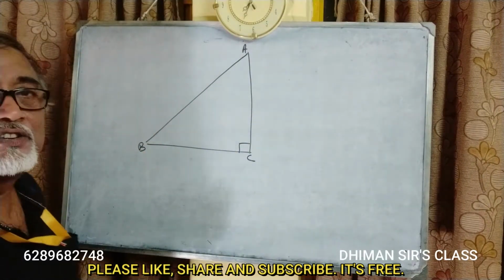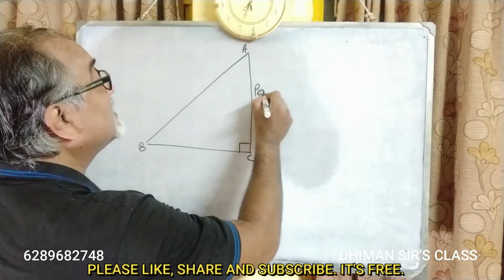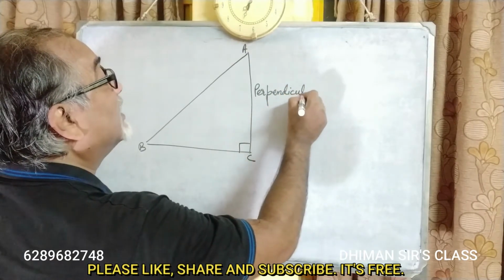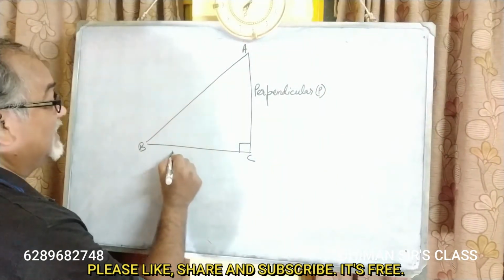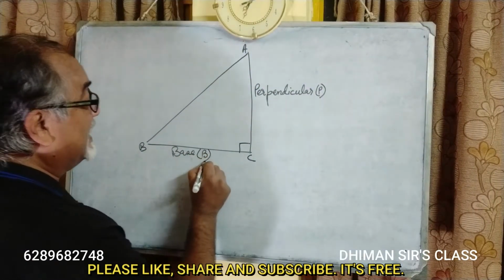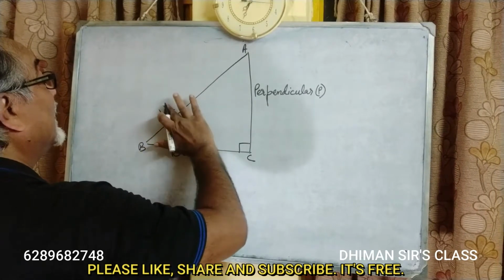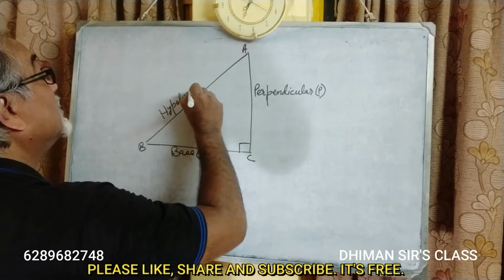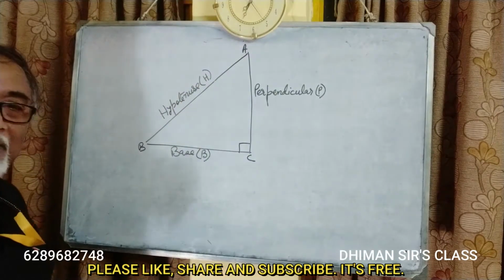In this right angled triangle, this side is called the perpendicular, which we can denote as P. This is called the base, denoted as B, and this one is called the hypotenuse, denoted as H. Okay, students.